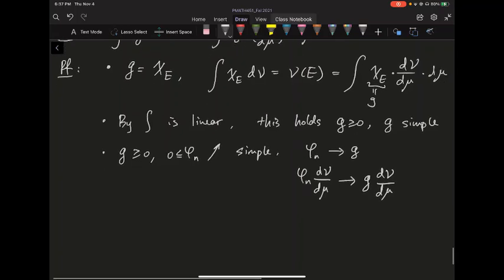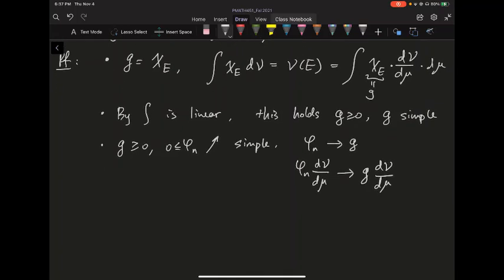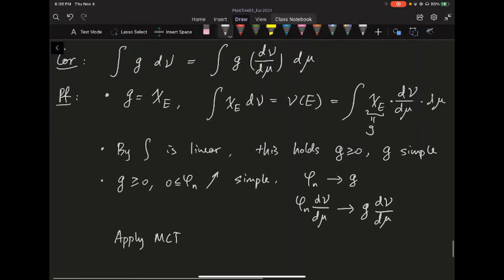So you have these two convergences, and you apply MCT, and it should extend to this function g. So you can finish when g is non-negative measurable, and then for any g in L1, you take the positive and negative parts, and this should finish the proof. When nu is a signed measure, that's going to be a really similar proof. I would just leave it as an exercise. You can try it on your own.